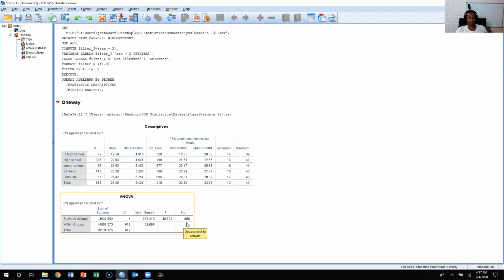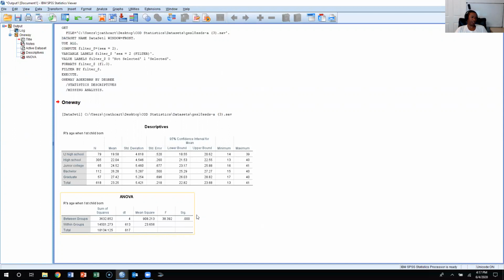The significance level is 0.000, which means that we can reject the null hypothesis at the 0.05, 0.01, and 0.001 levels, because we can think about the significance level as our p-value that's trying to get below the alpha level. So we can reject the idea that the means of all these different groups are equal to each other in the population.